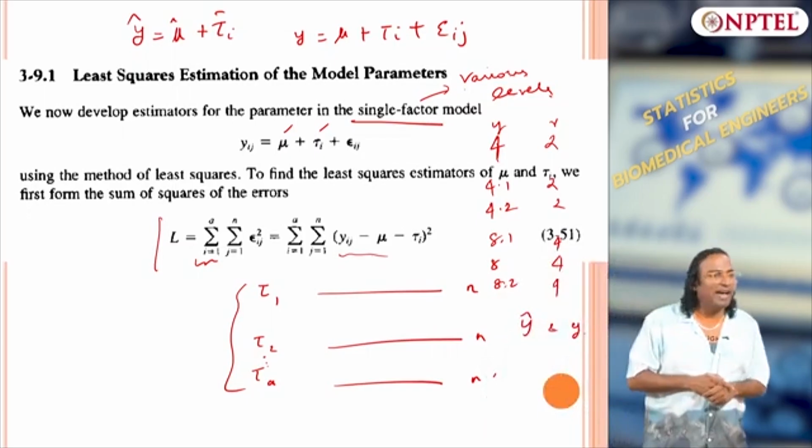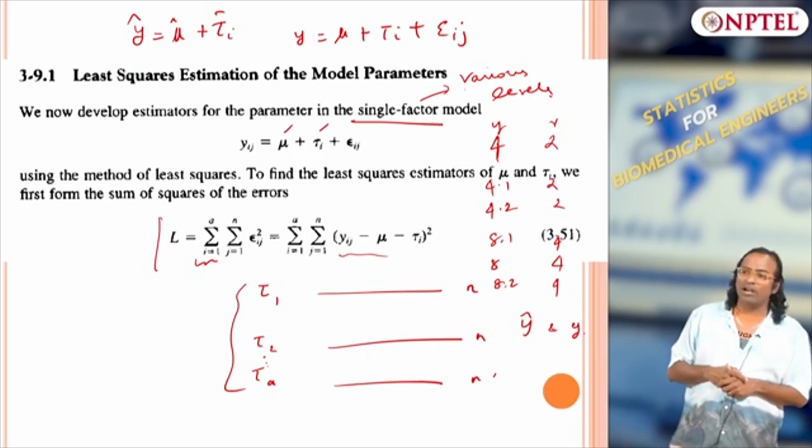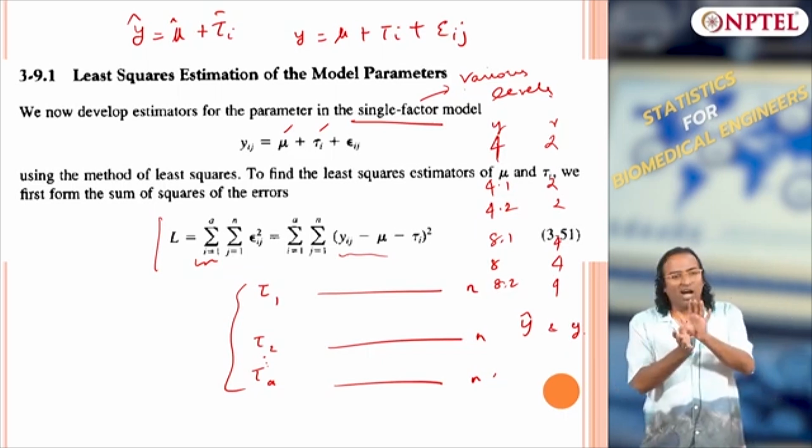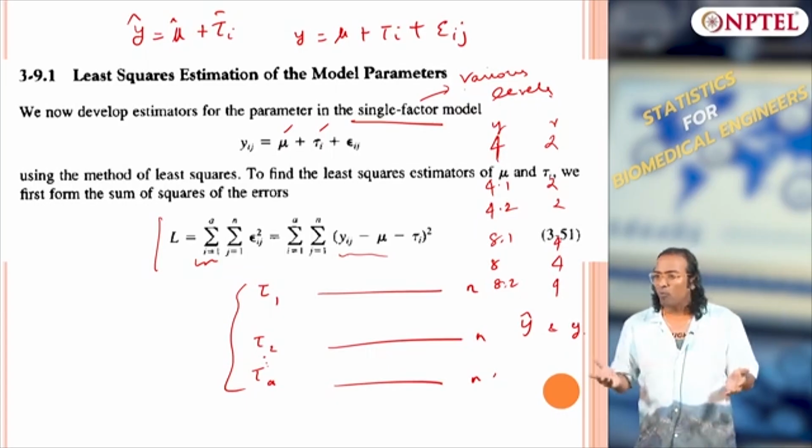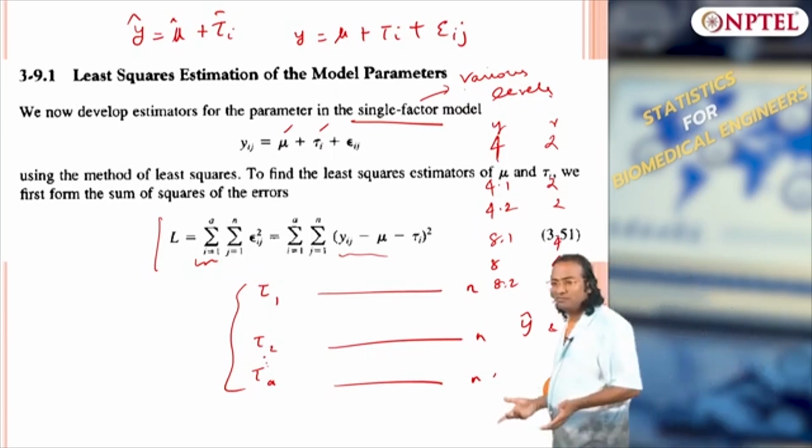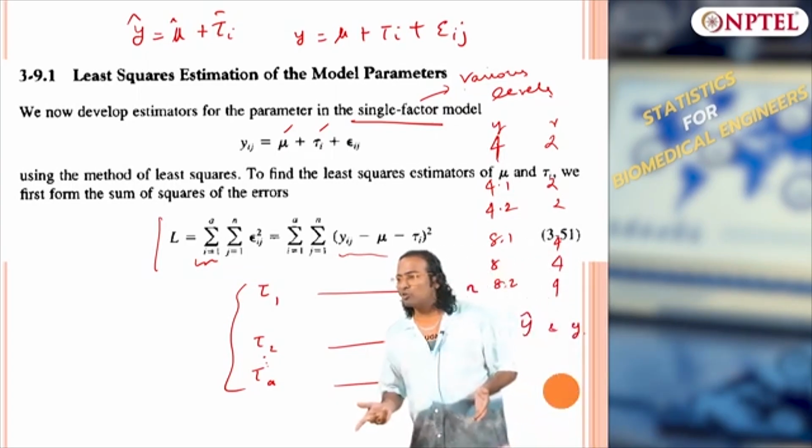What is y hat? It is an orthogonal projection of y basically. So, y and y hat should be perpendicular so that the distance is minimal.